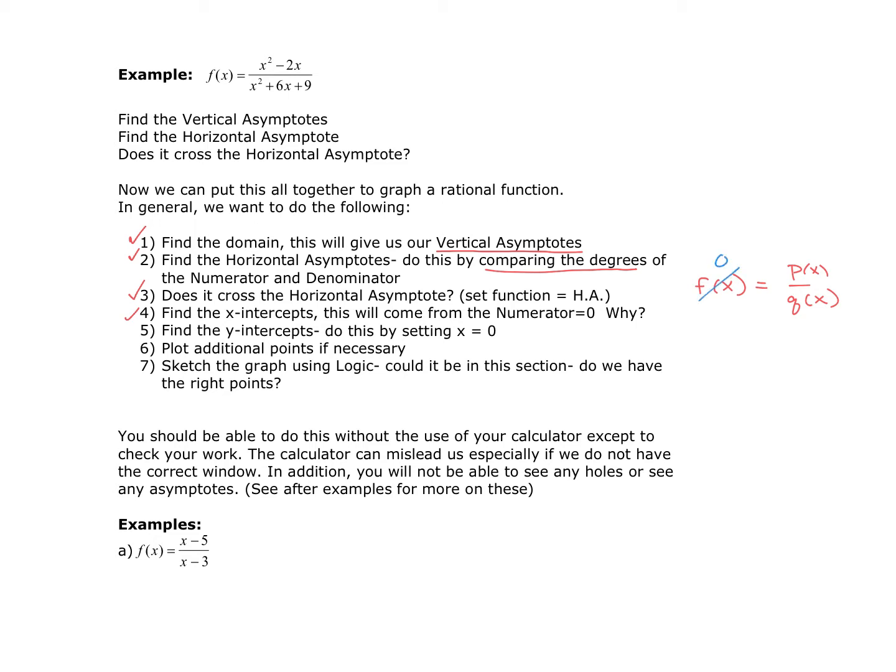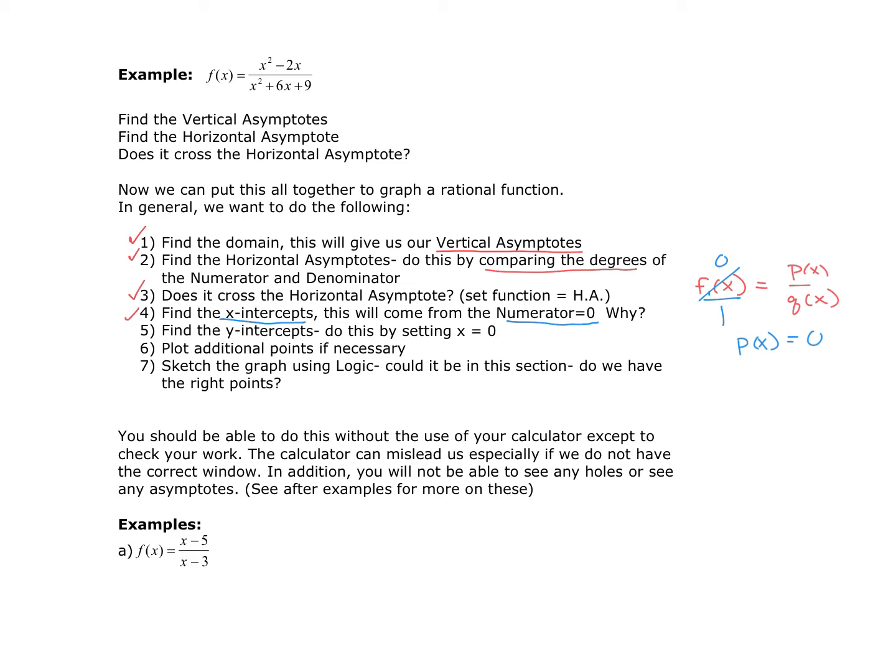And so, if we cross multiply, we get p of x equals 0. So when we're finding our x-intercepts, we can just set the numerator to 0 because the denominator always goes away.